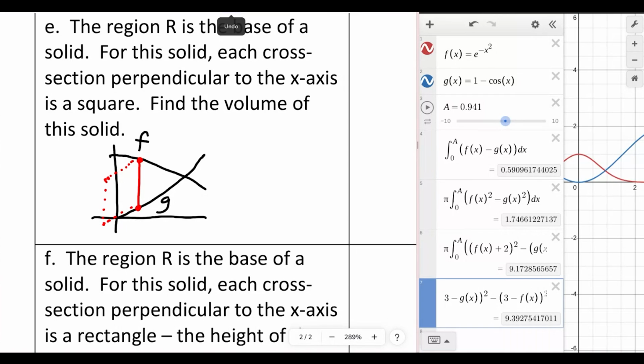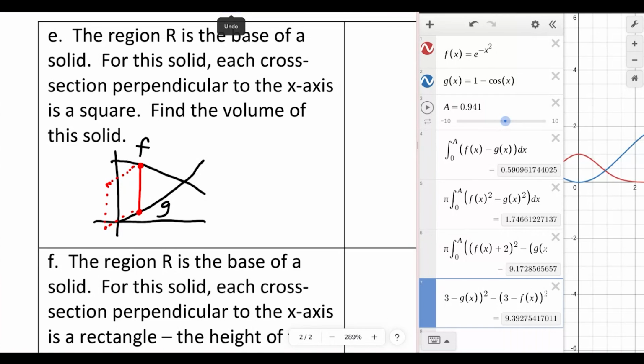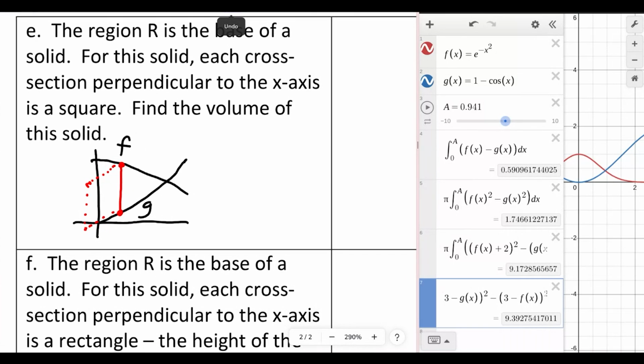going into the paper, but not all the squares are going to be the same size. If I take a cross section here, that's going to be a much smaller square. Each cross section will be a slightly different size.